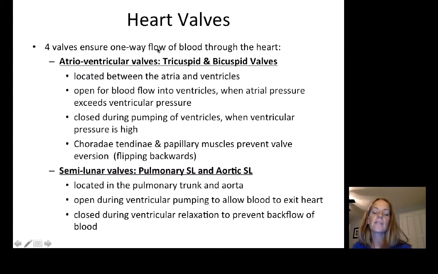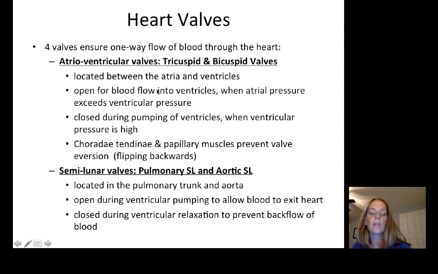So the heart valves are very important to ensure the one-way flow of blood through the heart. So between the atria and the ventricles, we have what's called the AV, or the atrioventricular valves. On the right side, we have the tricuspid, and on the left side, we have the bicuspid valve. The way to remember this is that tri has an R in it, so the tri is on the right.